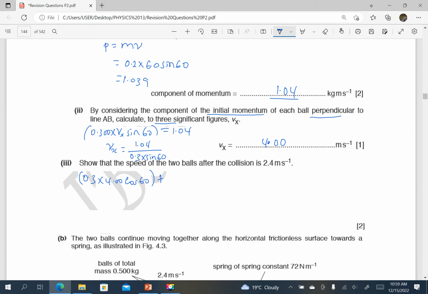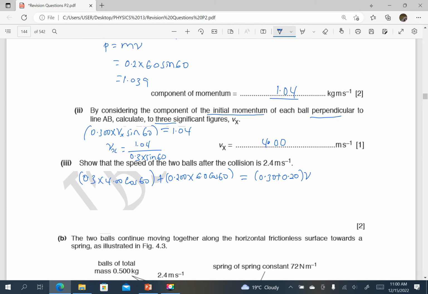Then plus, the second ball will be its mass, 0.200, times its velocity, which is 6.00 cos 60. That is total momentum before collision in the horizontal. After collision, they stick together, so their masses are added up. So we have 0.30 plus 0.20, then times the common velocity v.